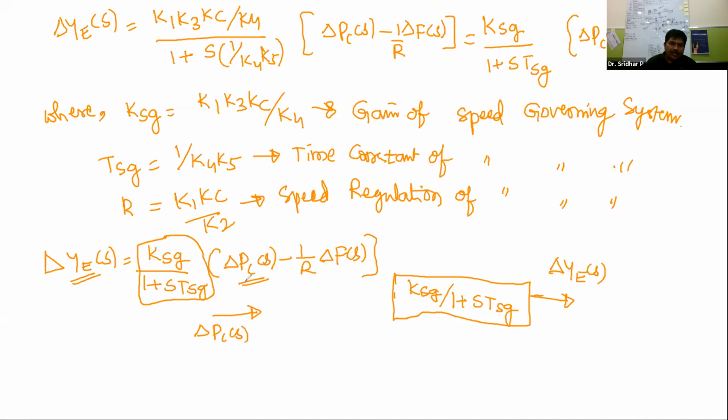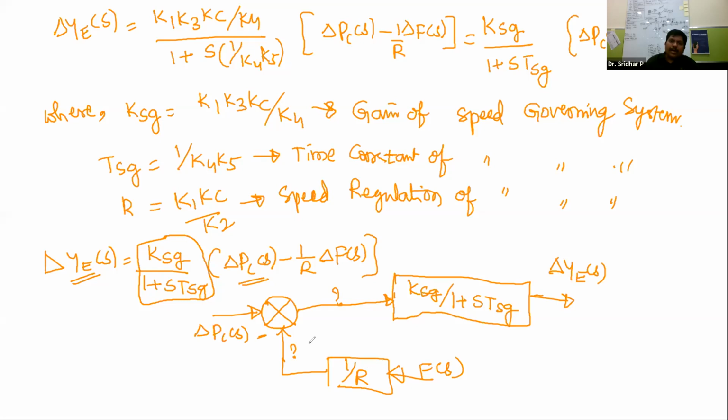But in addition to this delta PC of S, one more term is there, minus 1 by R into delta F of S. So minus means, let me put a summer here, with another minus sign, and the signal is 1 by R into the input delta F of S, and the resultant is like this. The signal here is the input into the transfer function to give the output.